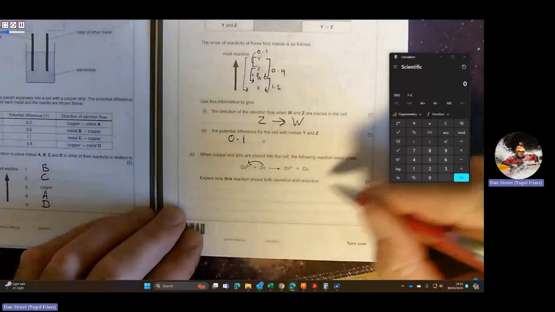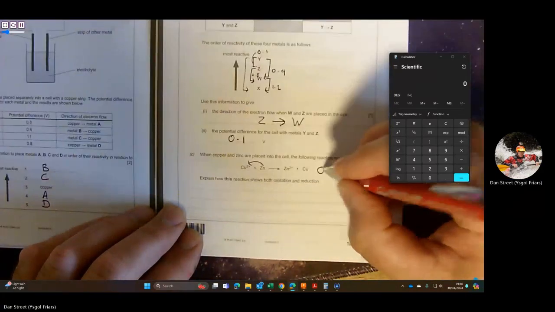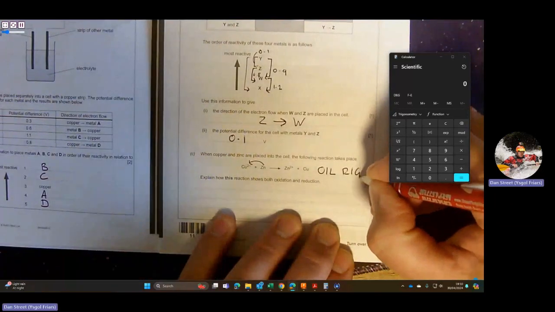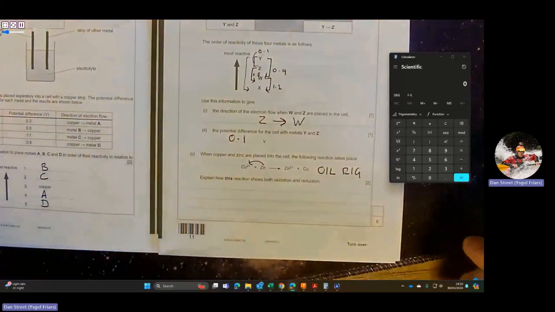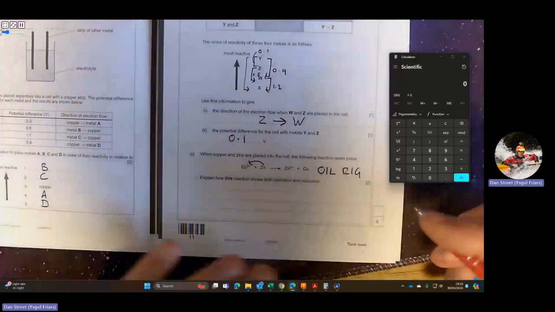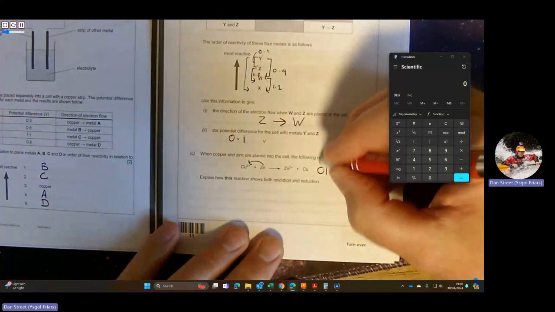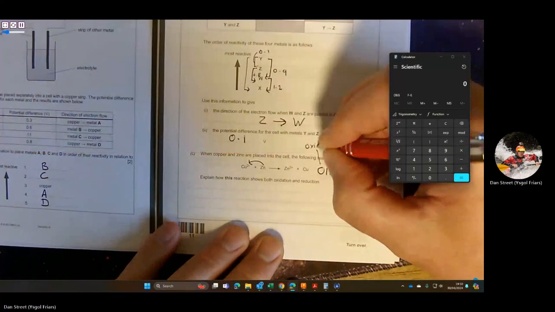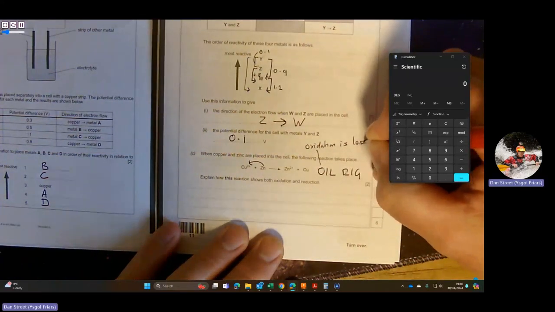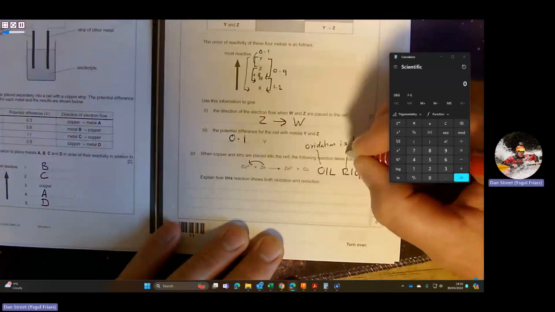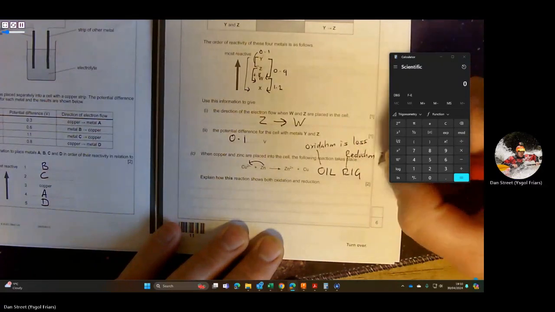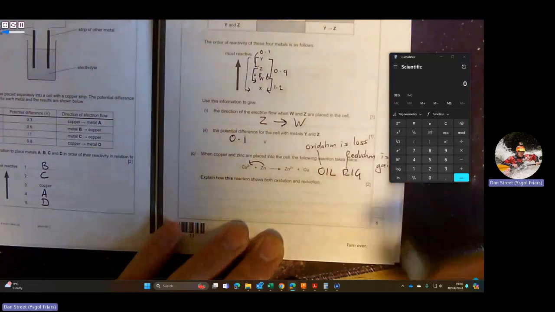Now, if we remember the little mnemonic OIL RIG, that is how we can remember what's going on in terms of redox reactions when we consider electrons. It stands for oxidation is loss, and reduction is gain, and this is talking about electrons.